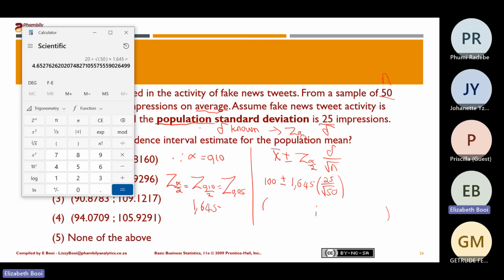I will have to check that with another calculator. 1.645 times the fraction 25 divided by the square root of 50.